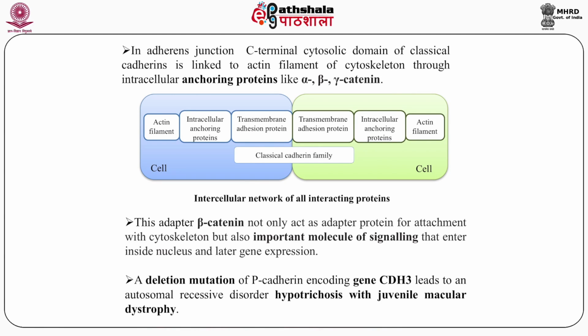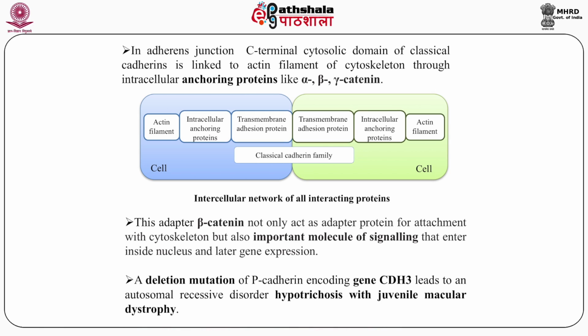The C-terminal cytosolic domain is linked to the actin filament of the cytoskeleton through intracellular anchoring proteins like alpha, beta or gamma catenin.